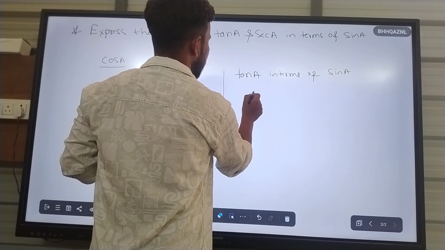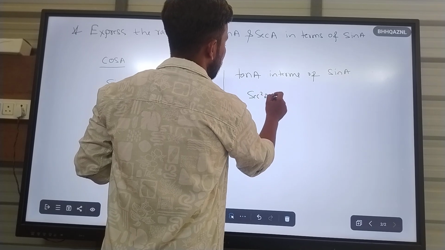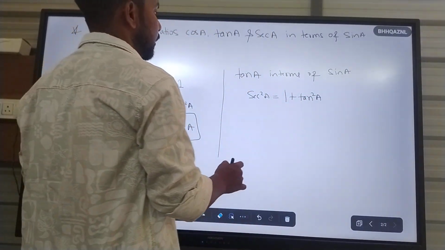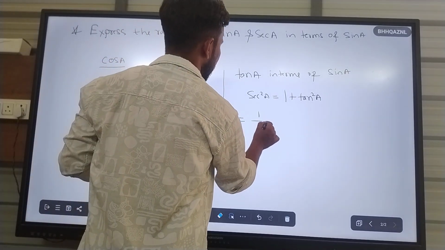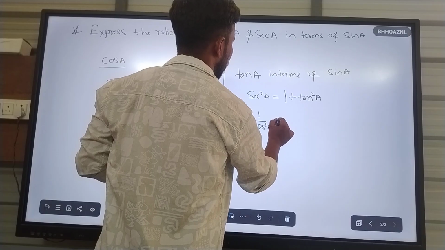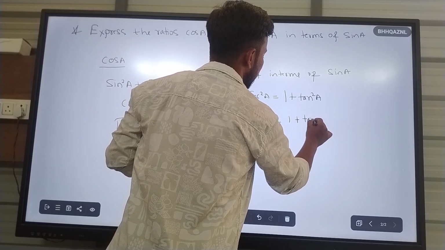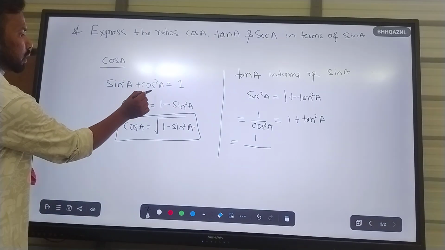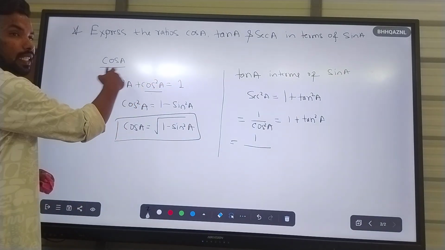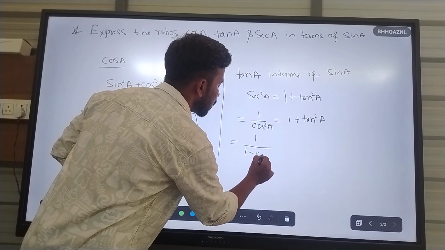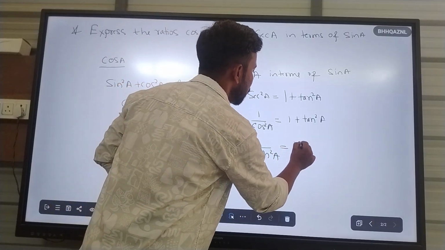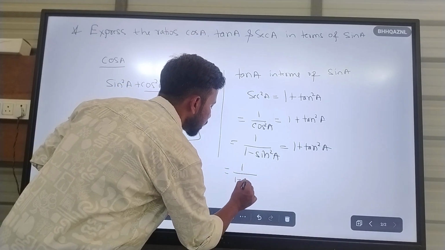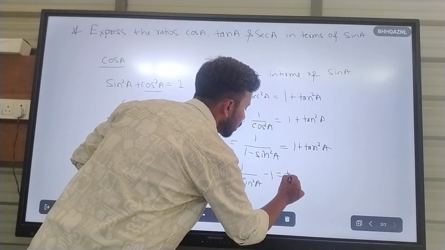Secant square A is equal to 1 plus tan square A. So 1 by cos square A is equal to 1 plus tan square A. Cos square A is 1 minus sin square A, so 1 by 1 minus sin square A is equal to 1 plus tan square A. Taking 1 across, 1 by 1 minus sin square A minus 1 is equal to tan square A.